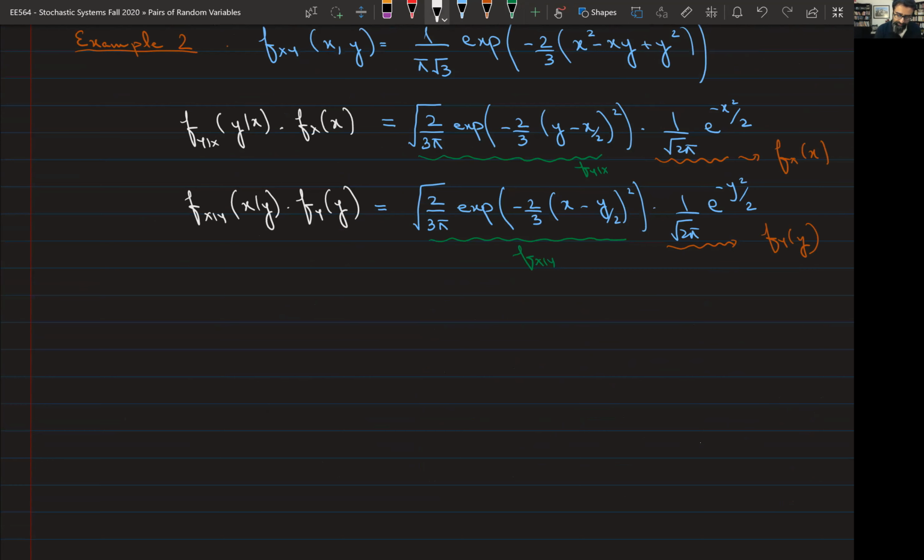And what we're required to find is the correlation coefficient between the two random variables x and y, right? How do I go about this now? So what's the definition of the correlation coefficient?